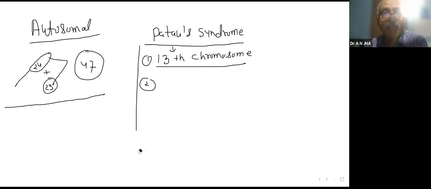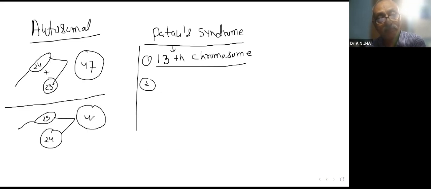So I mean to say that here male and female are equally responsible for this syndrome. Either this extra chromosome may come through the egg or the sperm. That will be 47. But remember, it is always due to abnormality during gamete formation.